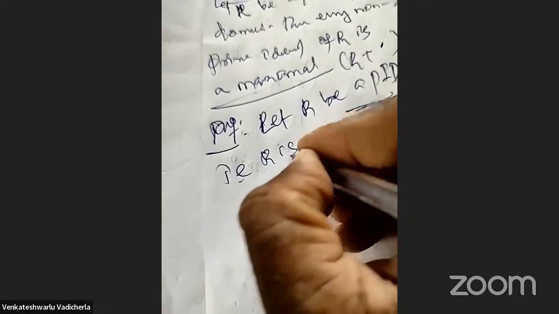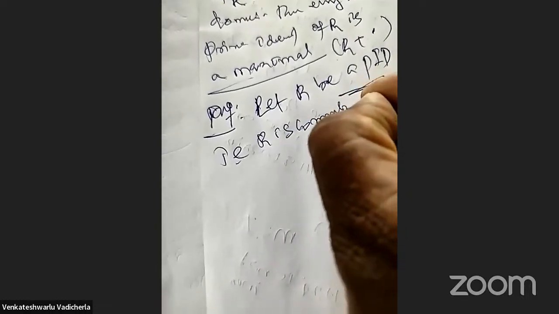A ring R, plus, dot, in which all ideals are principal is called a principal ideal domain. R is commutative, so R is a commutative principal ideal ring with unity.